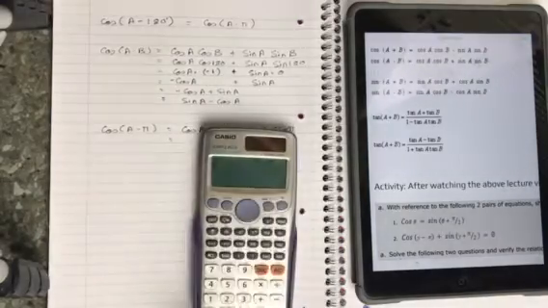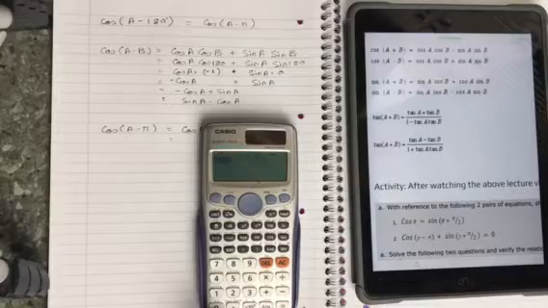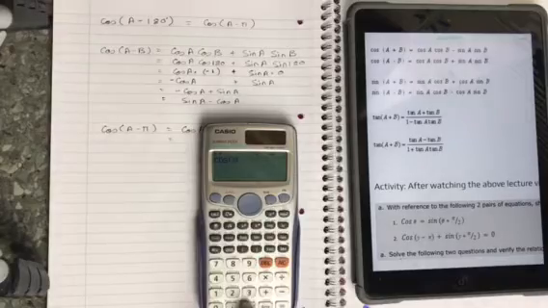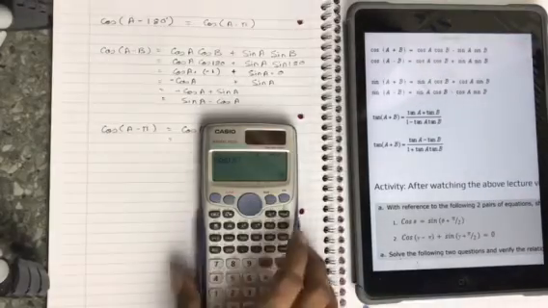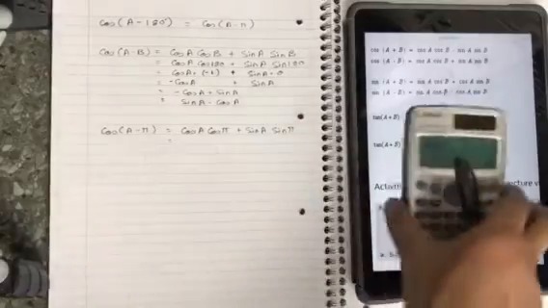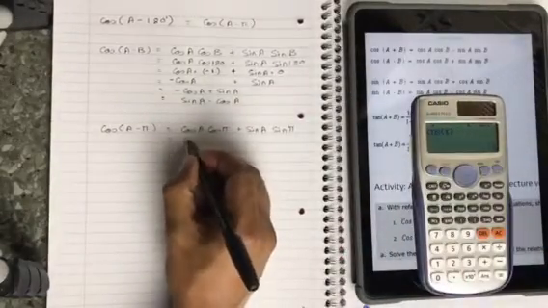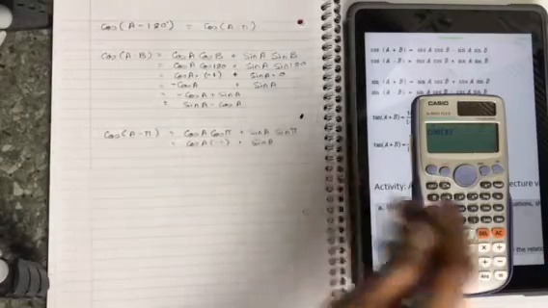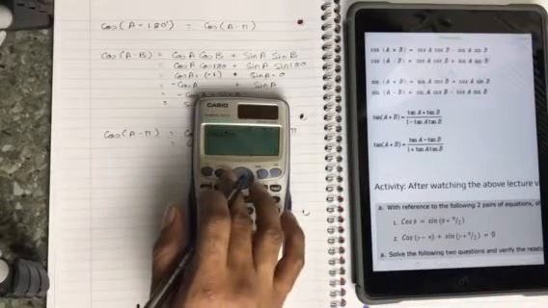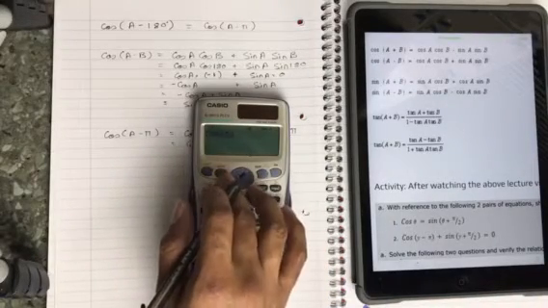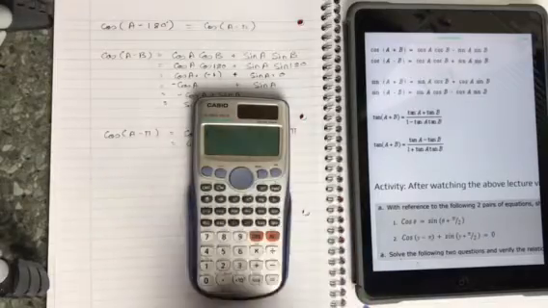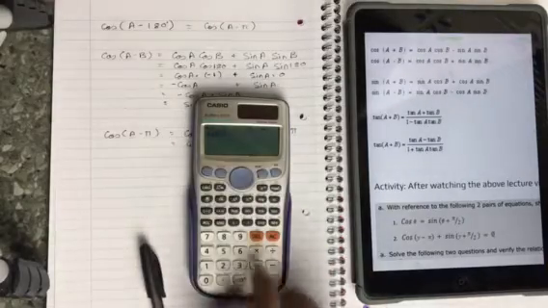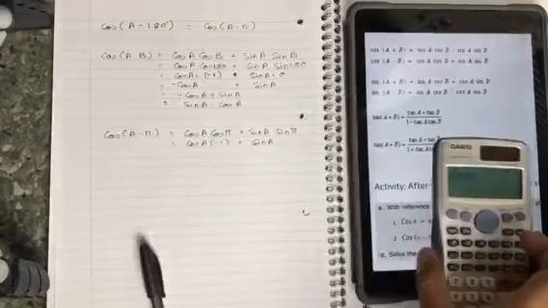So cos of pi, cos shift pi close, is going to be minus 1. That's going to be cos a times minus 1 plus sine a times, sine of shift pi, close bracket, will be 0.